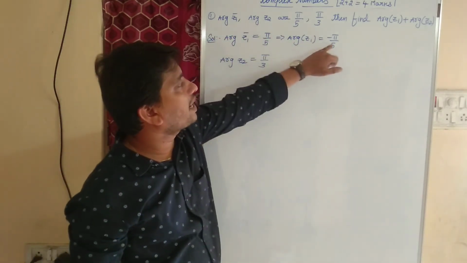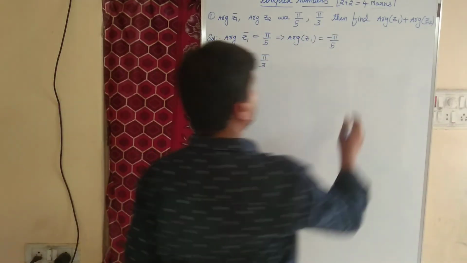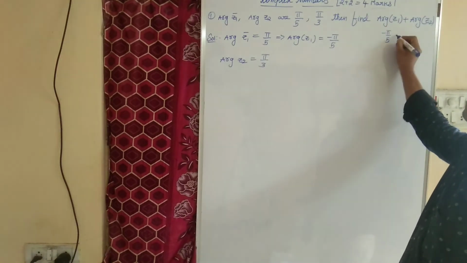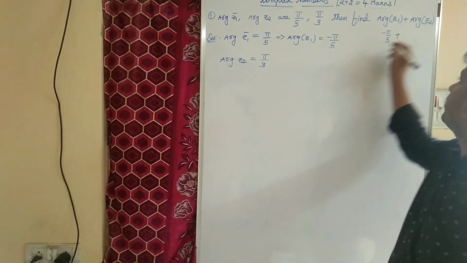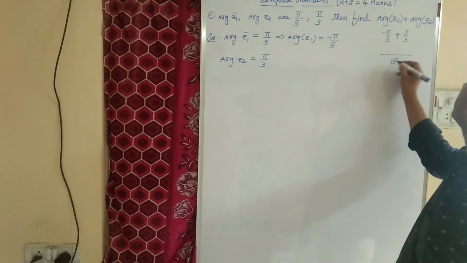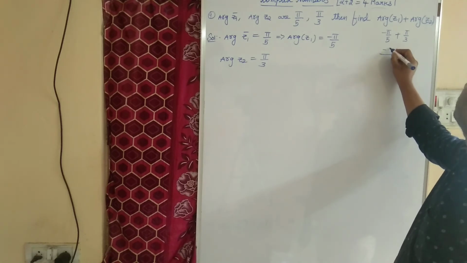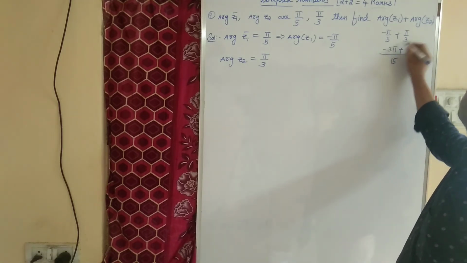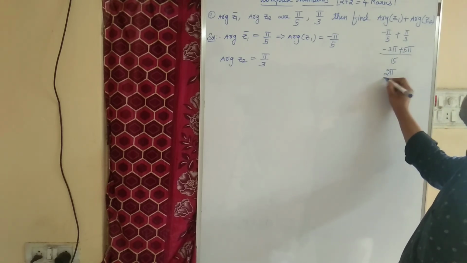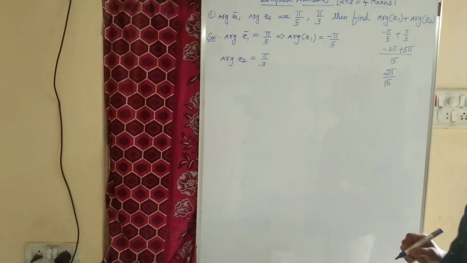So this will become minus pi by 5. So we got arg of z1 is minus pi by 5 plus argument of z2 is given pi by 3. Now the LCM is 15. Minus 3 pi plus 5 pi, 5 pi minus 3 pi, which is equal to 2 pi by 15.